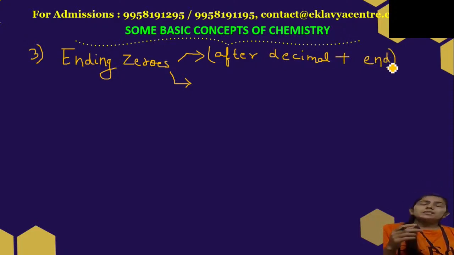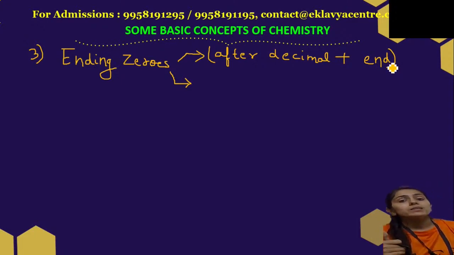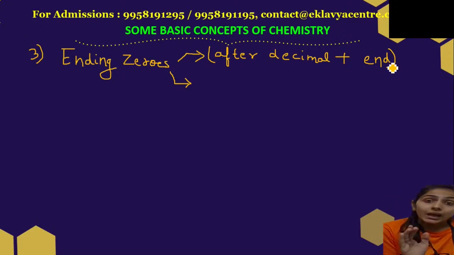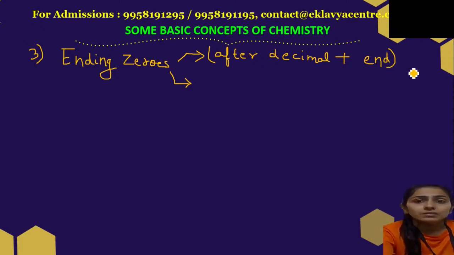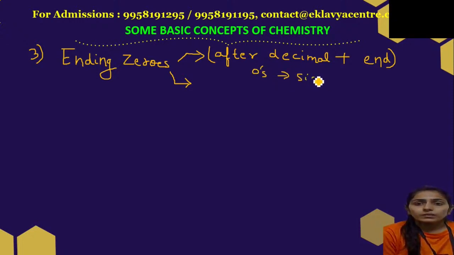When we have a 0 after the decimal and the 0 is at the end, all the zeros will be considered as significant.